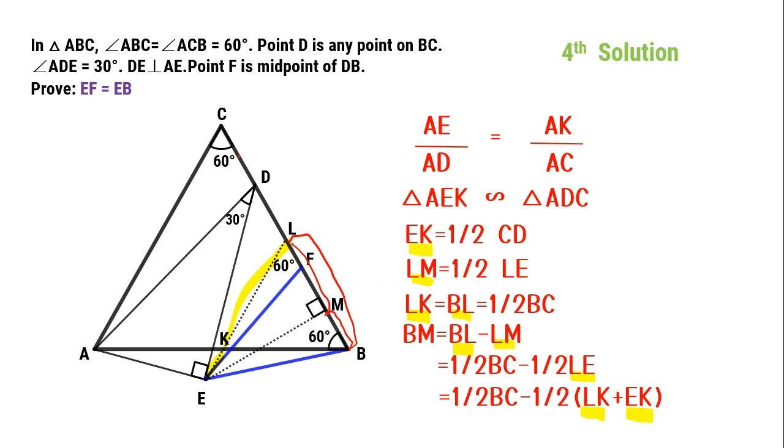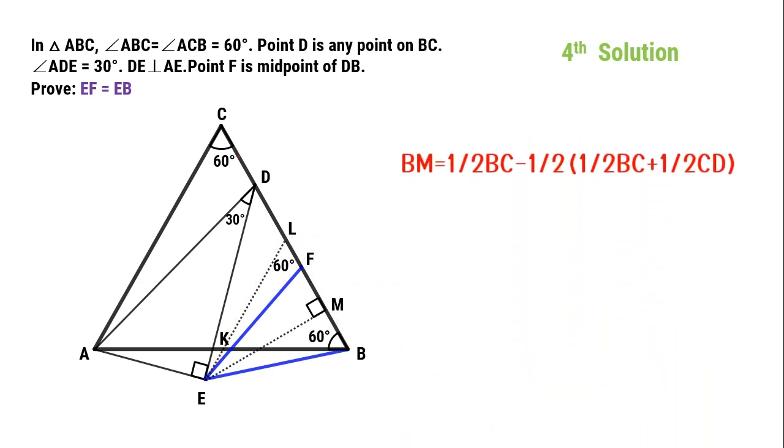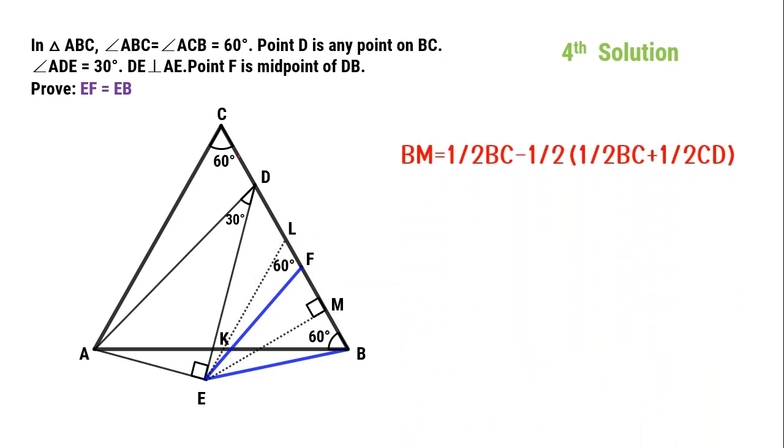EK is 1/2 of CD. From these equations, we can conclude BM equals 1/4 of BC minus CD.